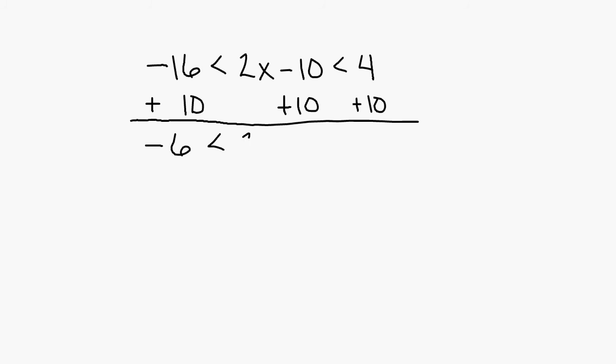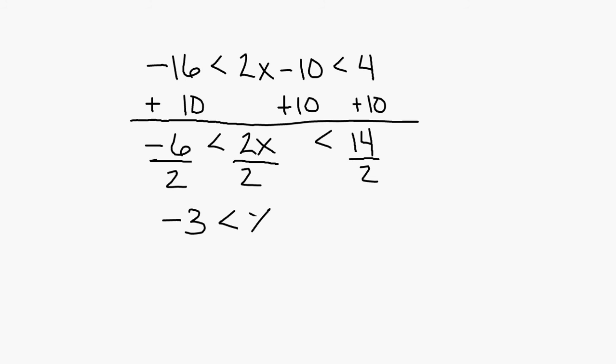It is less than 2x, which is less than 14. The next step would be to divide the middle, the right, and the left by 2. So negative 6 divided by 2 is negative 3, is less than x, which is less than 7.